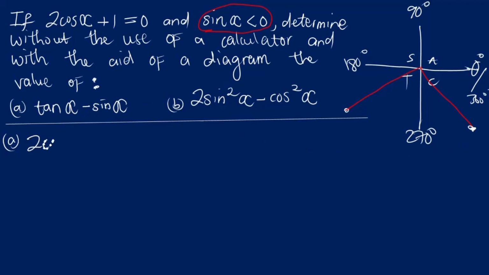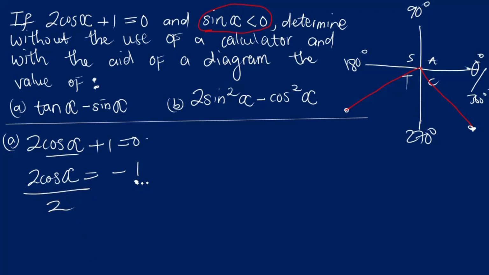So here we have this statement: 2 cosine of alpha plus 1 is equal to 0. So we solve for the cosine of alpha so that we can see on which terminal that is true. To solve for that, we're just going to have the cosine of alpha is equal to negative 1. How do I remove 2 from cosine of alpha? I divide both sides by 2.